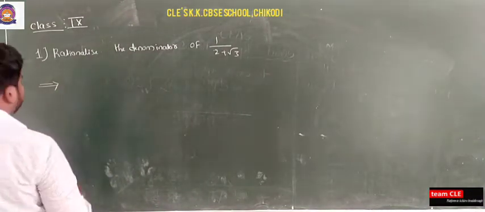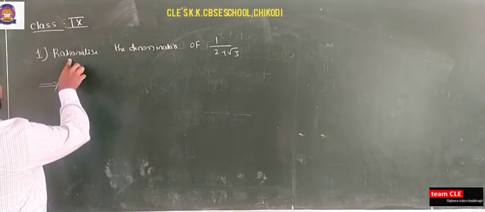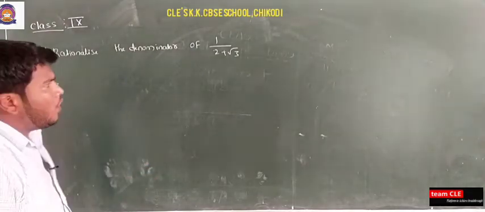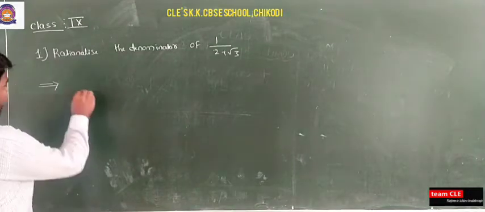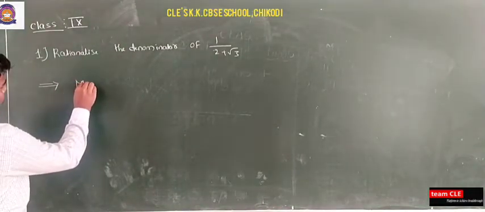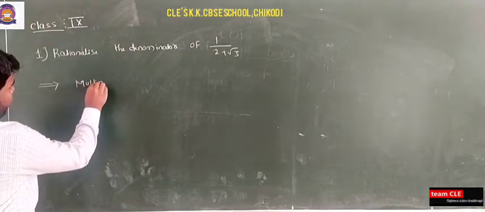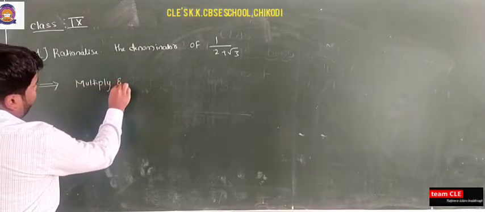So first one, that is rationalize the denominator of 1 by 2 plus root 3. Okay, so multiply and divide. What do I do?